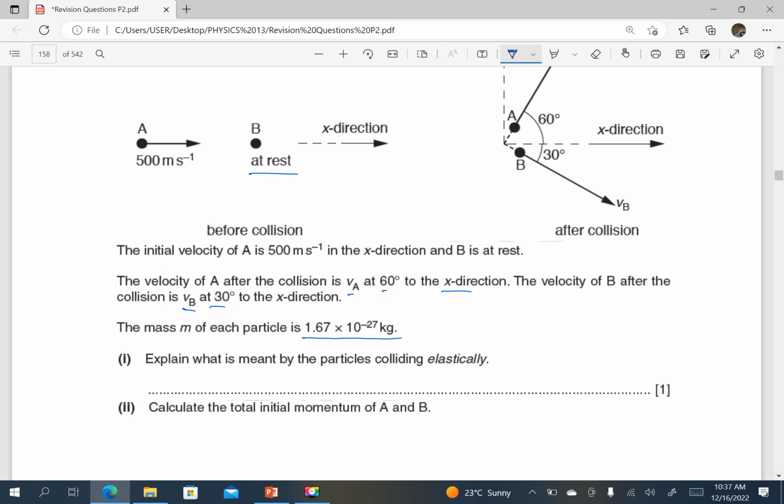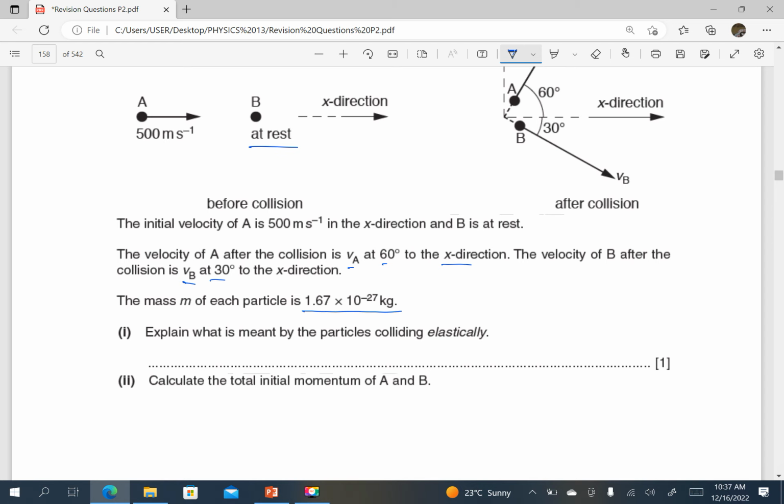Explain what is meant by the particles colliding elastically. Of course, if they collide elastically, kinetic energy is conserved.